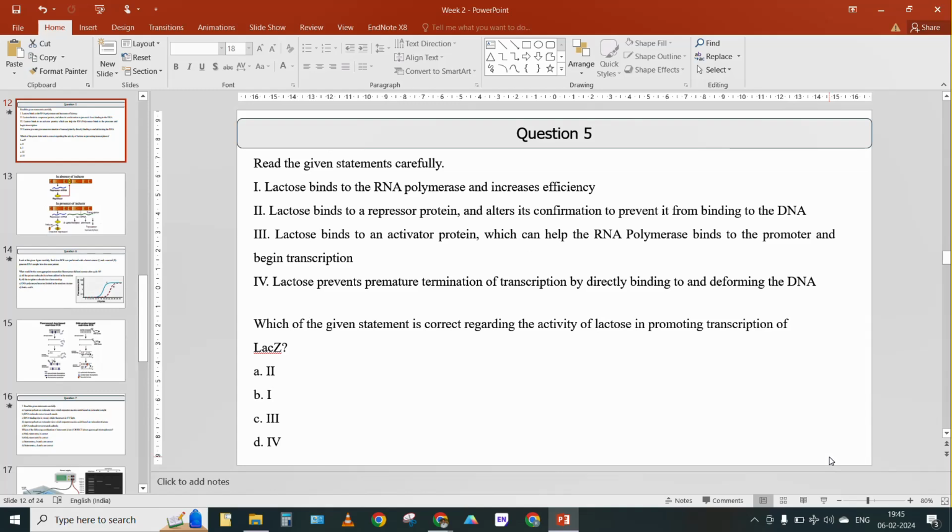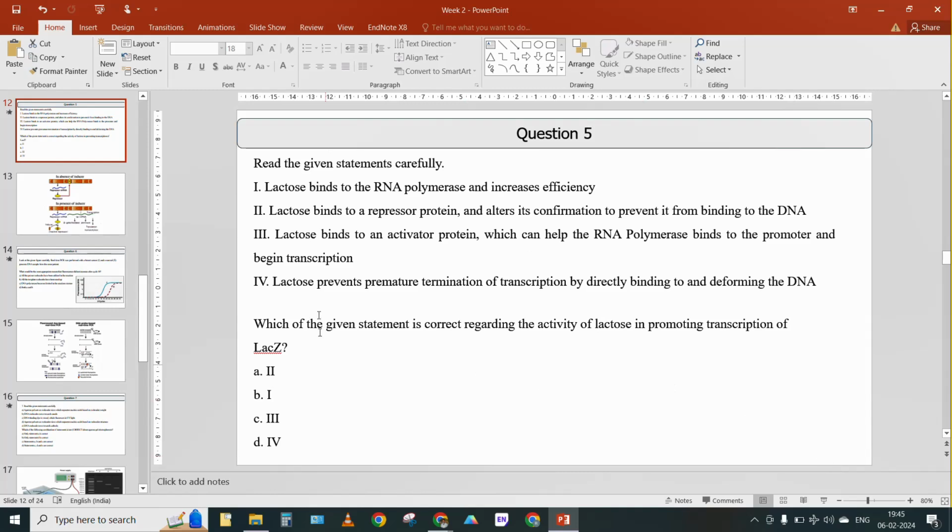Exactly, correct. The second statement is the correct statement regarding the activity of lactose in promoting transcription of LacZ, which states that lactose binds to a repressor protein and alters its conformation to prevent it from binding to the DNA.